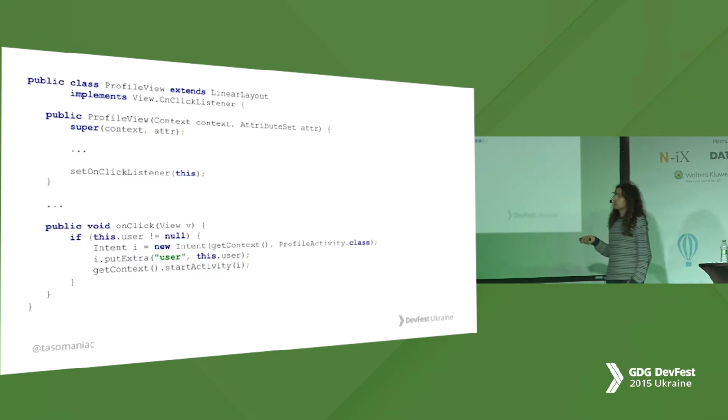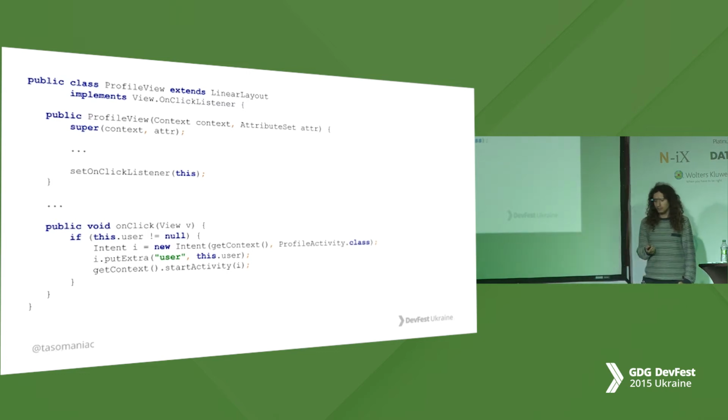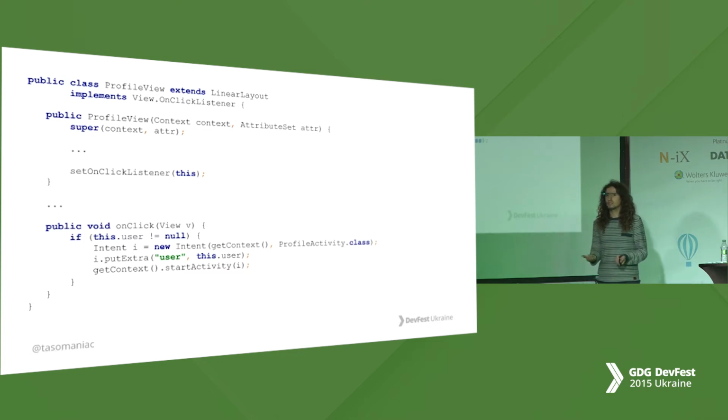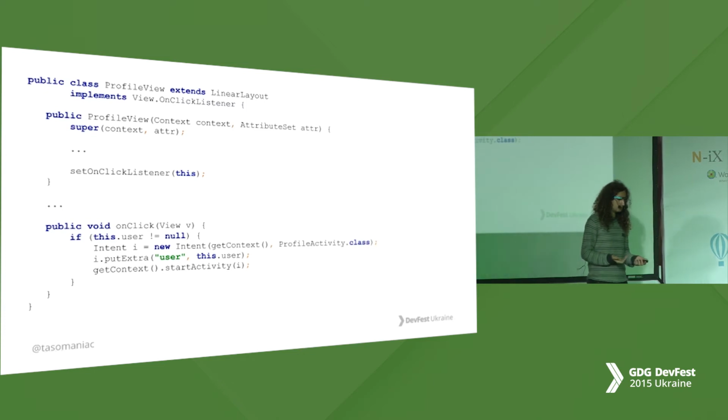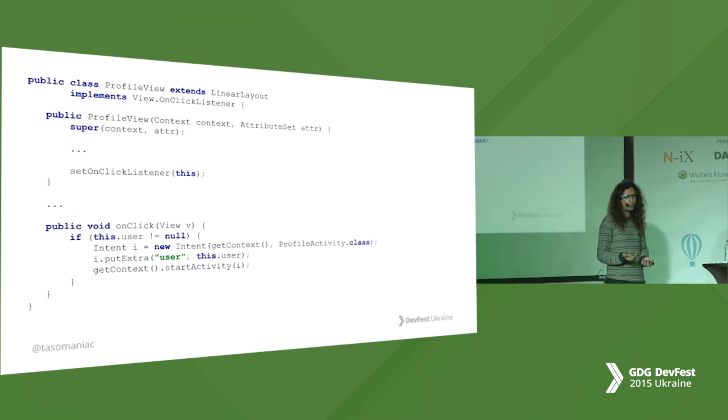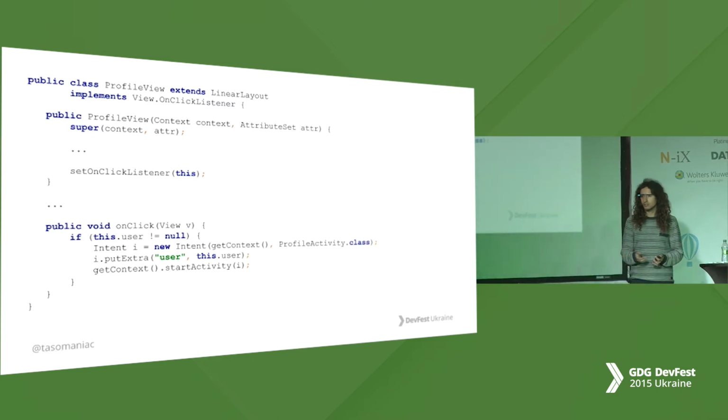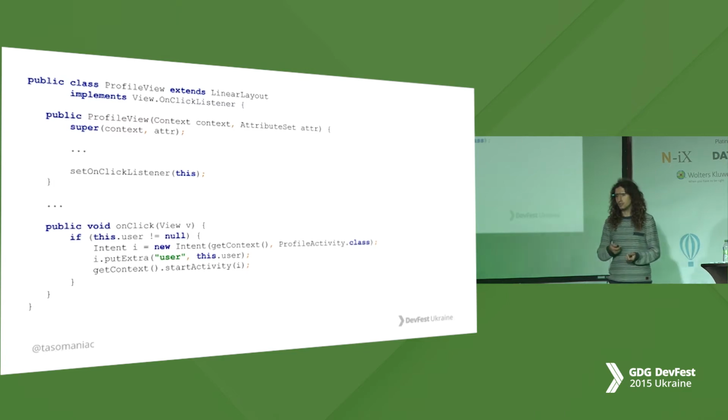Another thing we can do is, imagine you have the profile view. You will do the same thing when the user clicks it, right? You will always open the user profile activity when it is clicked. So it is also a really bad practice to copy and paste the set OnClickListener method everywhere.